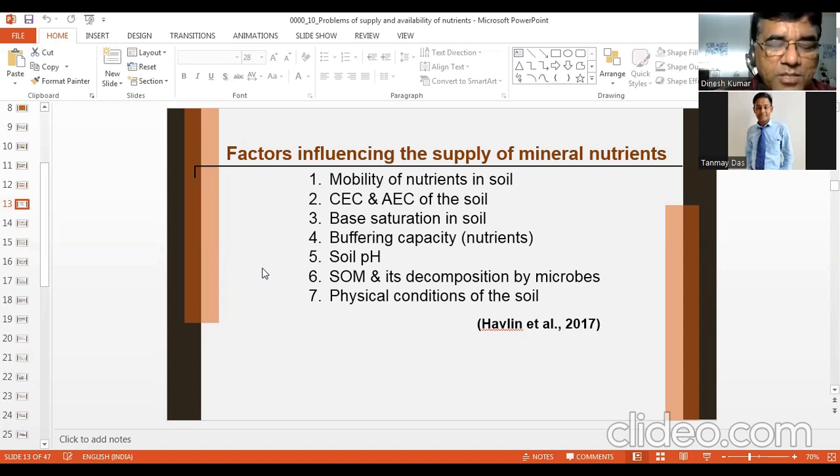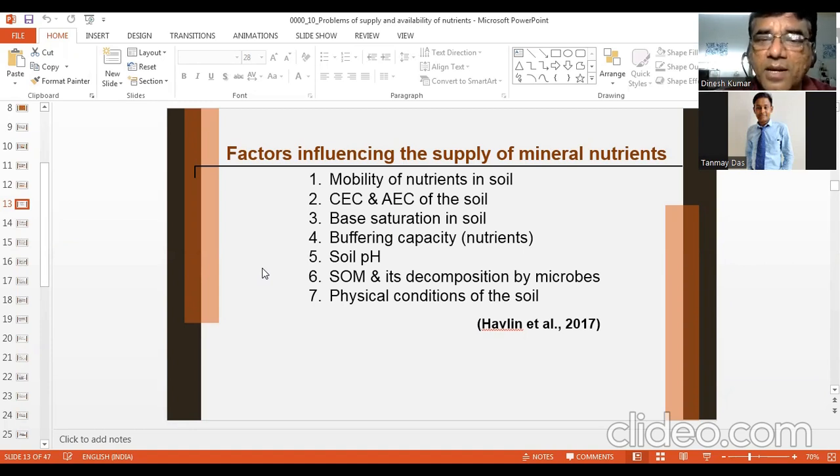Soil pH, you also know the role of soil pH in nutrient availability. Certain nutrients are more available in acidic pH and few nutrients are available more in basic pH, and most are available best in the neutral pH from 6.5 to 7.5. You get maximum availability of almost all the nutrients. So pH is an important factor.